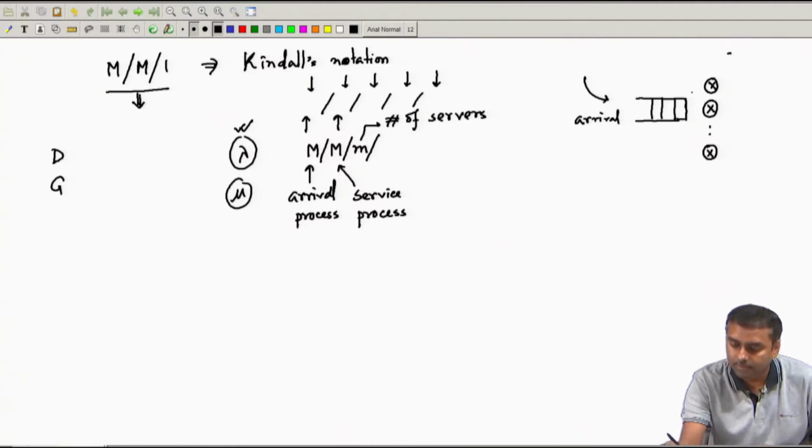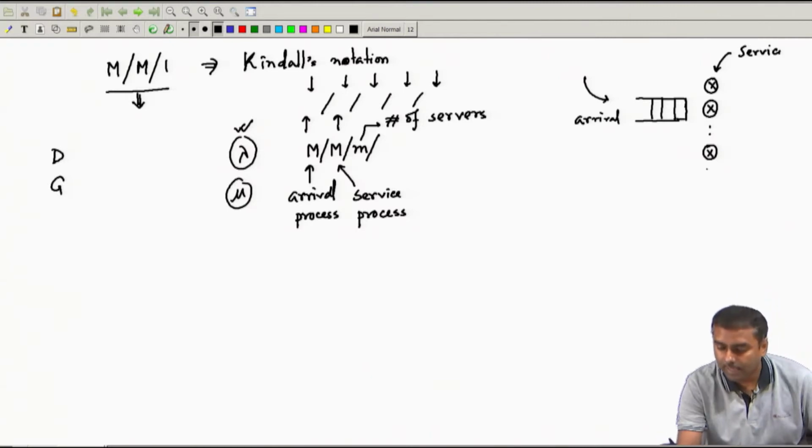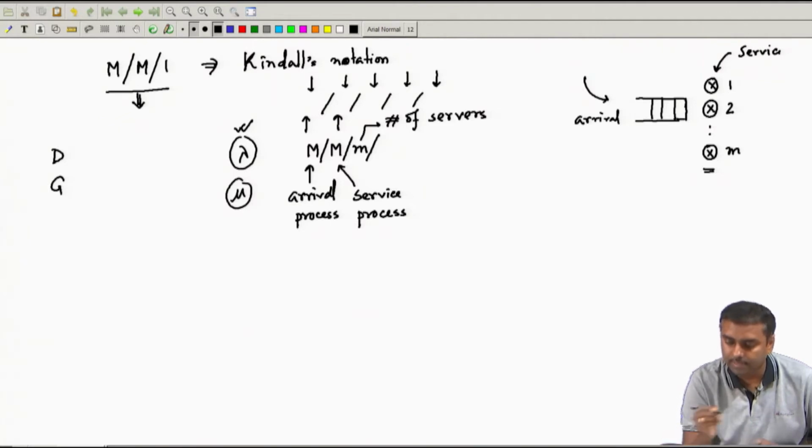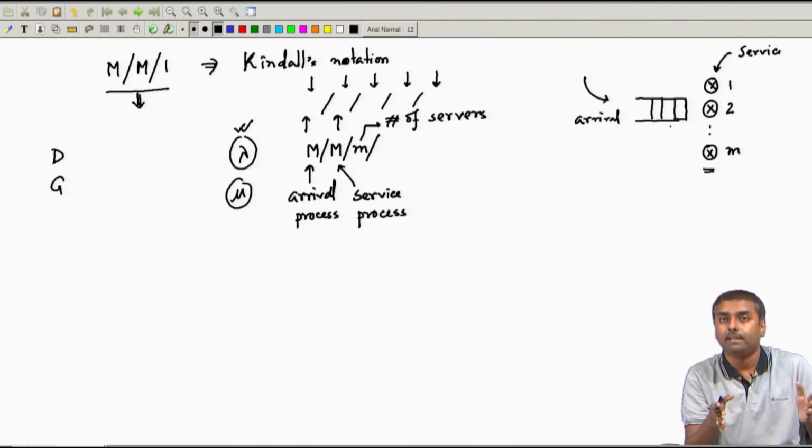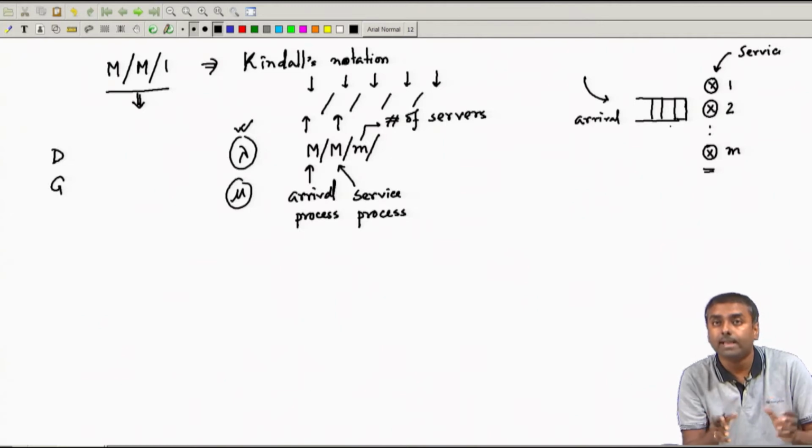For each packet there is a service, and service has some distribution. I have now defined how many servers are there. So, this is 1, 2 up to m servers. But I still have not decided in the queue how many places are there, how many customers or how many packets I can keep. So, what is my buffer size?